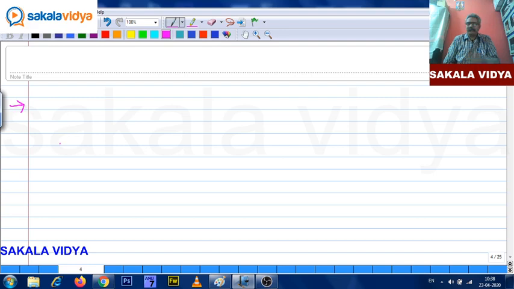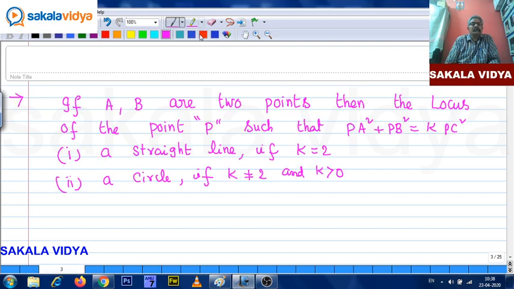So, next concept we have, generally the general equation of the locus already we have discussed. Okay. So, now say now 3 points, correct.